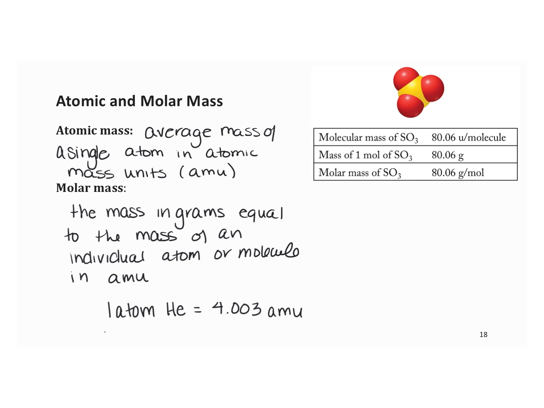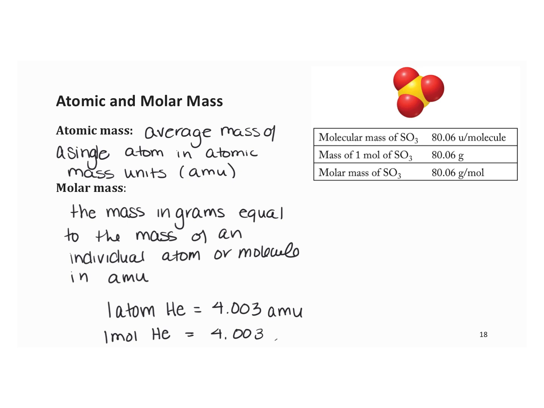And so what that lets us know is that 1 mole of helium, which is 6.022 times 10 to the 23 atoms, is 4.003 grams, okay?